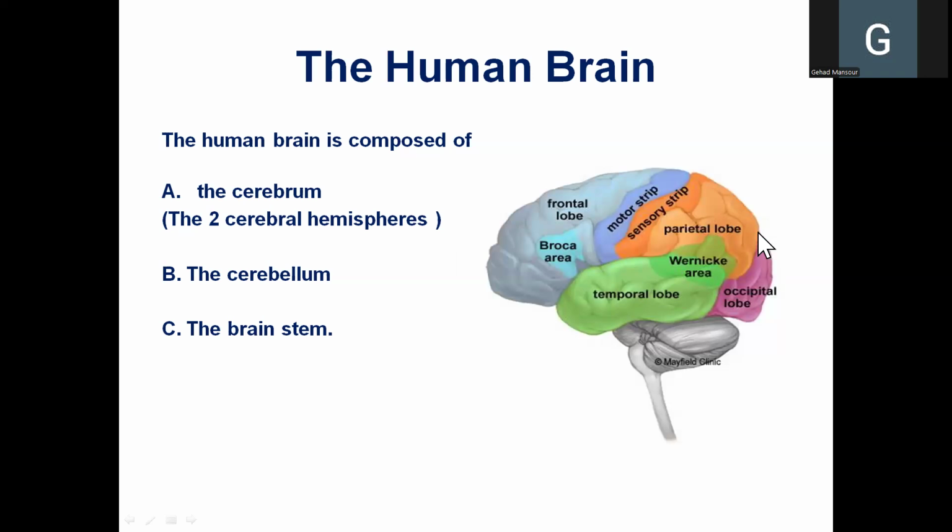And then you have to draw another sulcus posteriorly that separates the parietal lobe from the occipital lobe. So you start by drawing the three sulci. And then you write frontal lobe, parietal lobe, occipital lobe, temporal lobe, and then you draw the motor strip and the sensory strip.